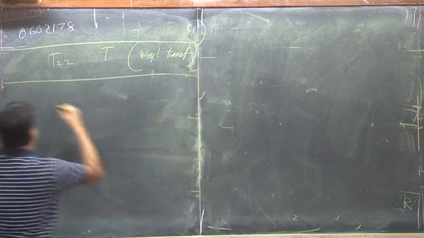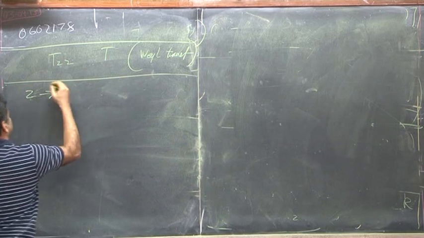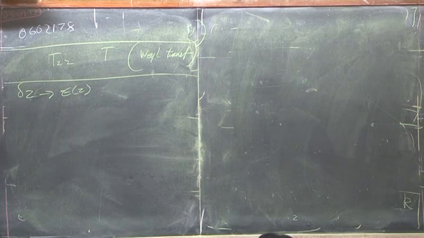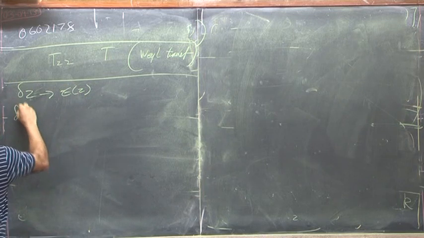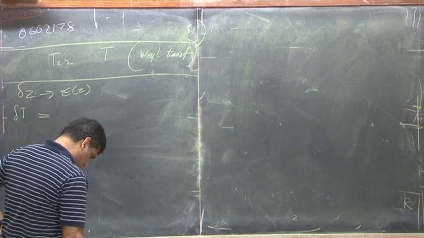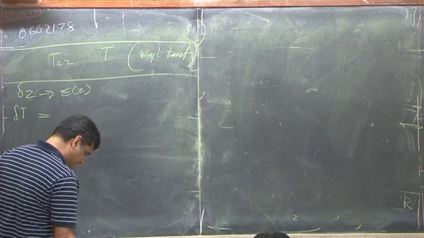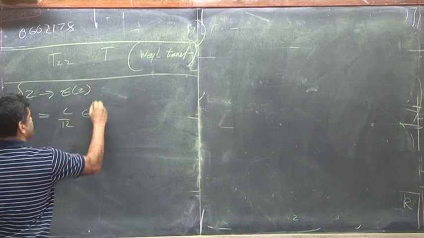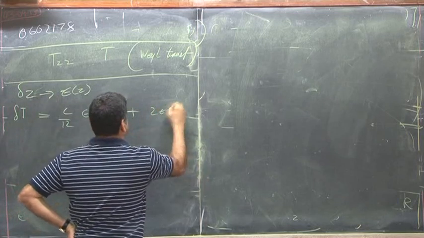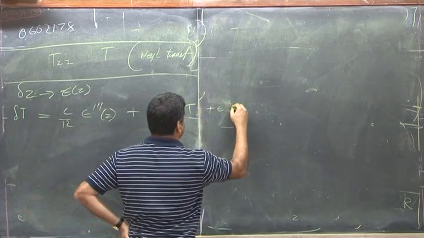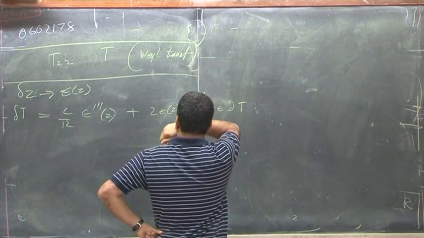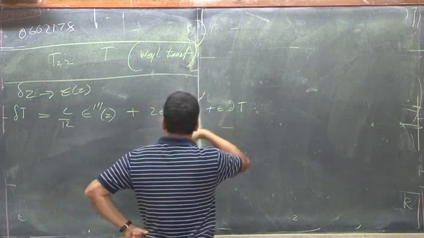Under an arbitrary conformal diffeomorphism, z goes to z plus epsilon, we've seen that delta T was equal to c/12 epsilon triple prime of z plus 2 epsilon prime of z T plus epsilon del T. This was epsilon prime and this was epsilon.